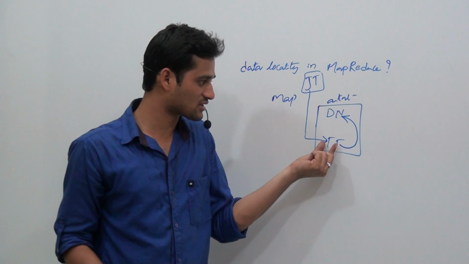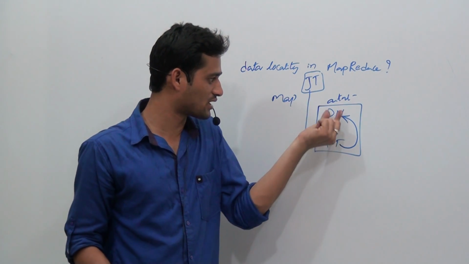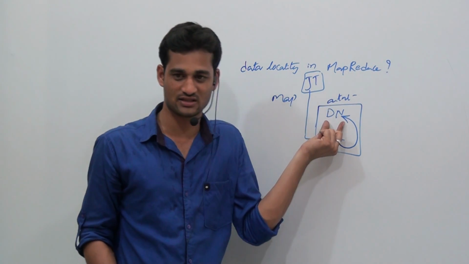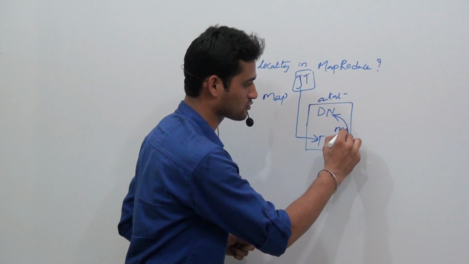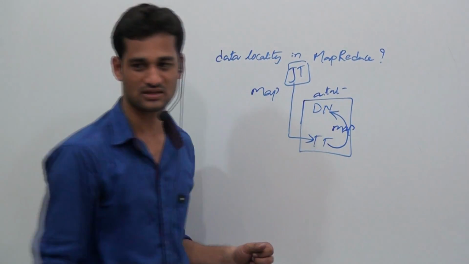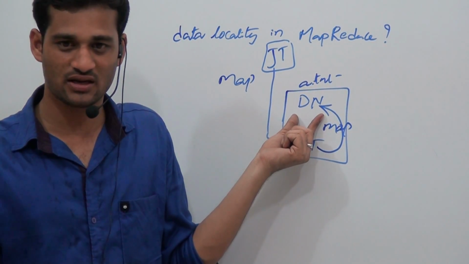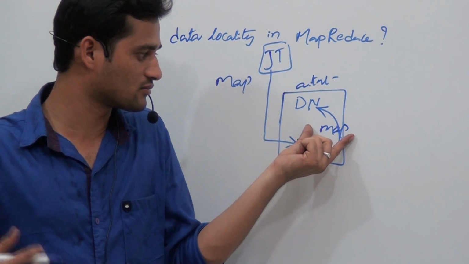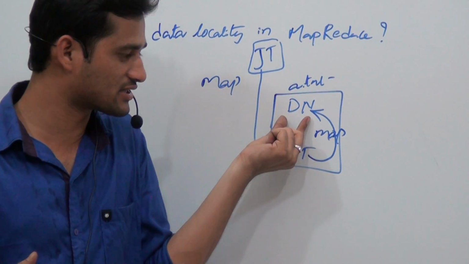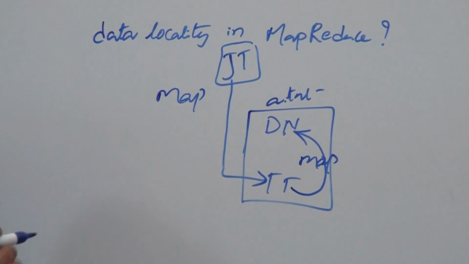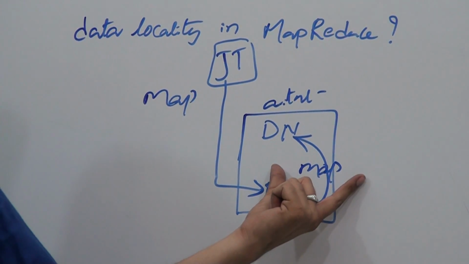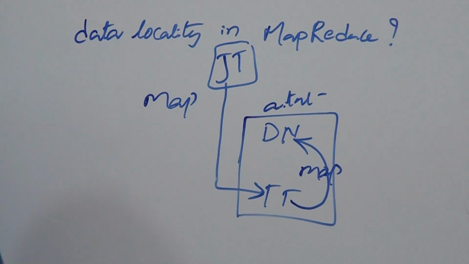The task tracker applies this program on this a.txt file, which is local to that data node. This process we call map. So can we say that map has data locality here? Because where you run that map program, in that data node itself we have the data. So we can say simply that map has data locality.